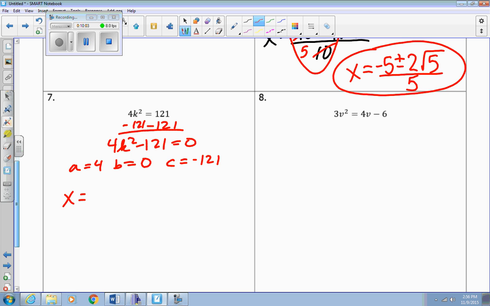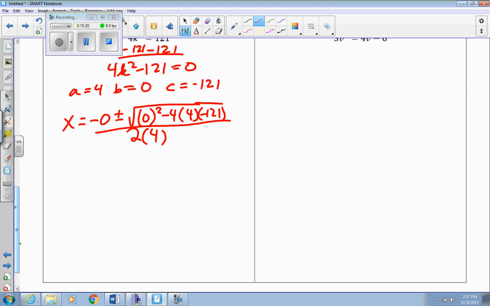That doesn't make a whole lot of sense, but opposite of 0, 0 squared minus 4 times a times c, all over 2 times a. Keep simplifying this. X equals the opposite of 0, which is 0. Zero plus something or 0 minus something doesn't do anything, so let's drop the 0.